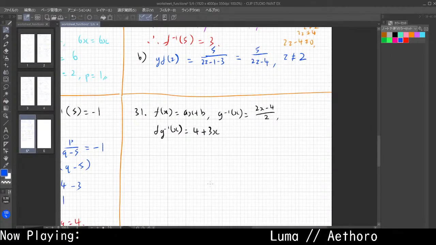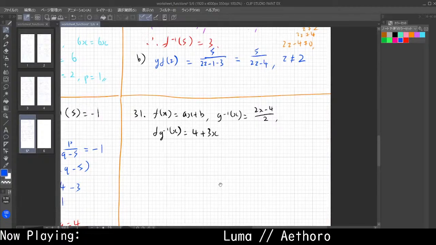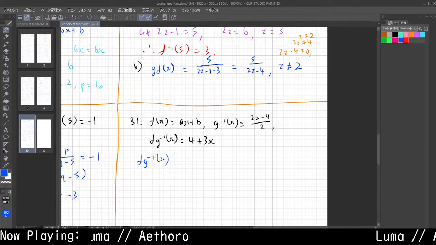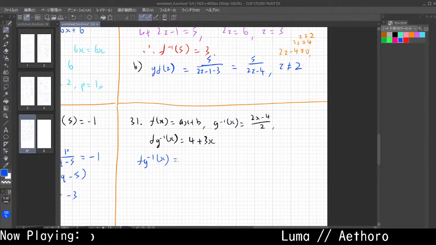Okay, so for fg inverse, given f and g inverse already, just directly do the composite.